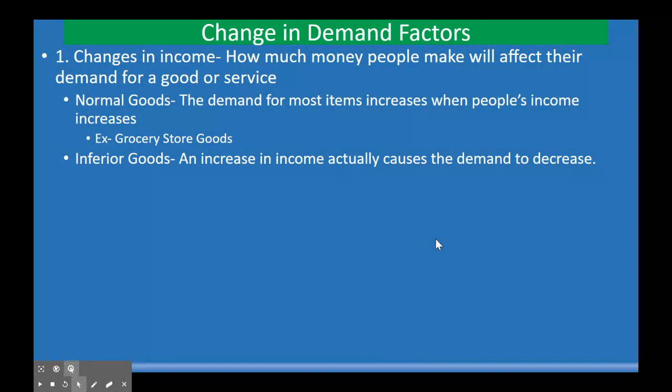Normal goods, and with normal goods, the demand for most items increases when people's income increases. So they're going to buy more of those things. And usually those are things like things at the grocery store. That would be an example. But also, an increase in income actually causes the demand to decrease with inferior goods.